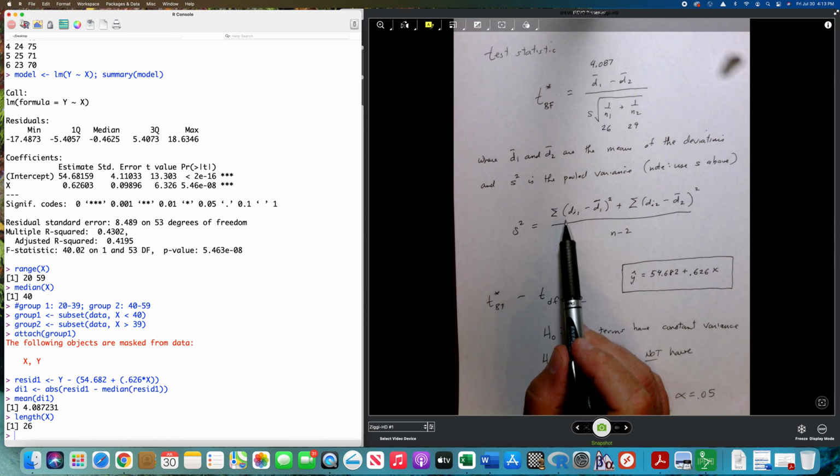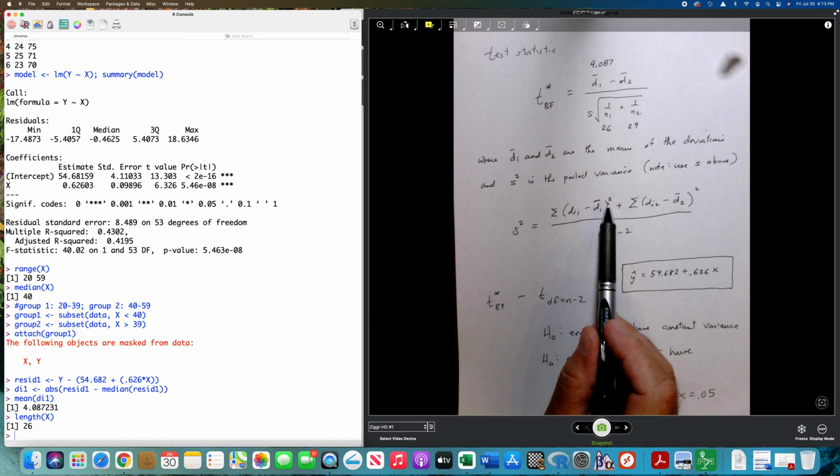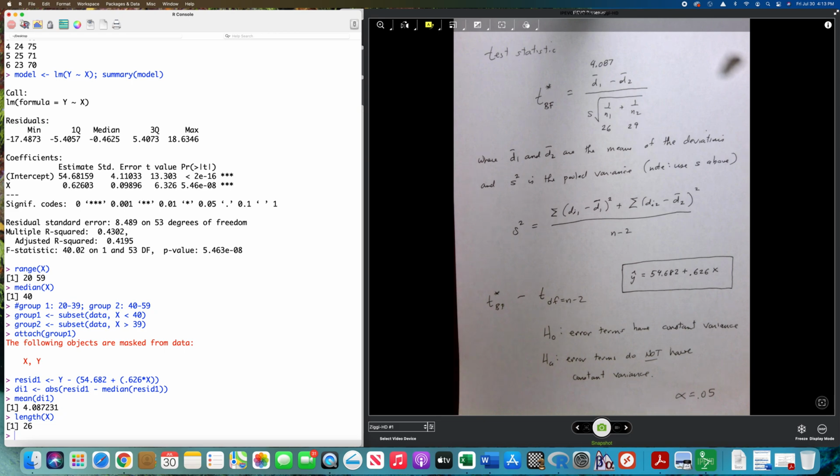So here I'm going to need the deviation squared, so the d sub i minus the mean of the deviations squared, and I'll need the sum of that. So let's just do the squared deviations for group 1. So I need di1 minus the mean of di1, and I need those squared.